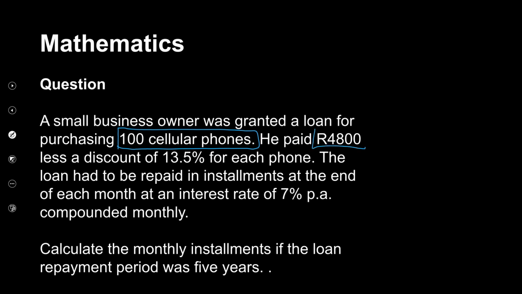And this person was paying 4,800 less a discount of 13.5% for each phone. Then the loan had to be repaid in installments at the end of each month at an interest rate of 7%, compounded monthly. Calculate the monthly installment if this is being paid in 5 years' time.